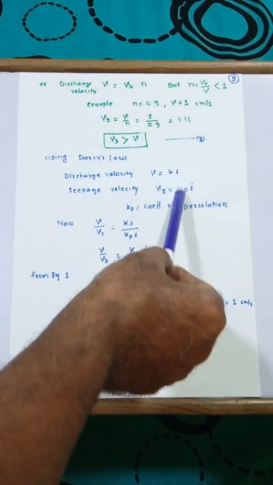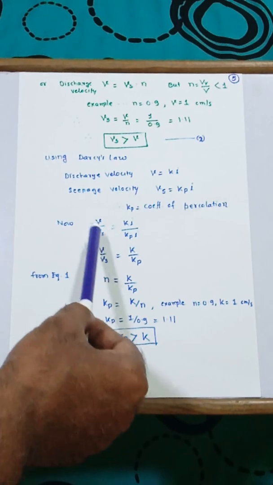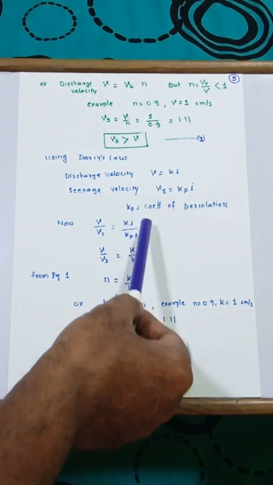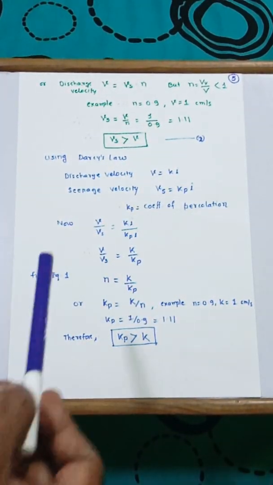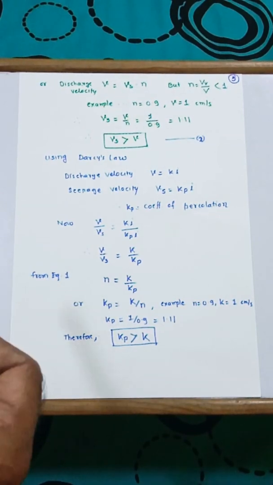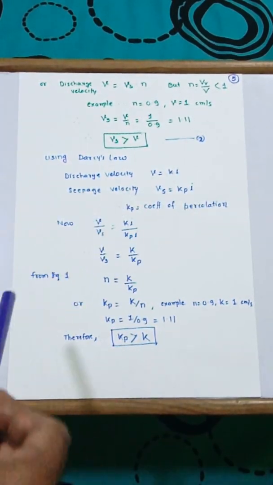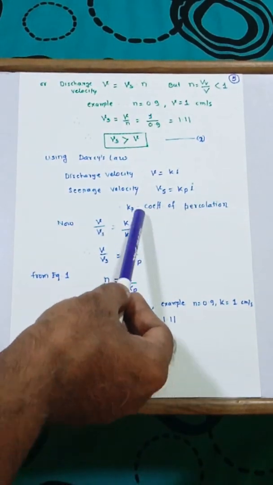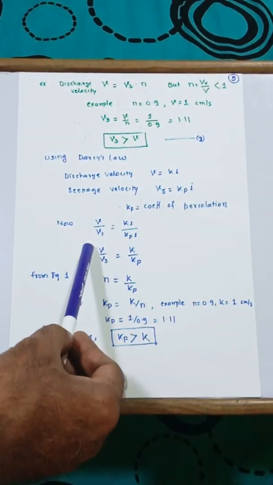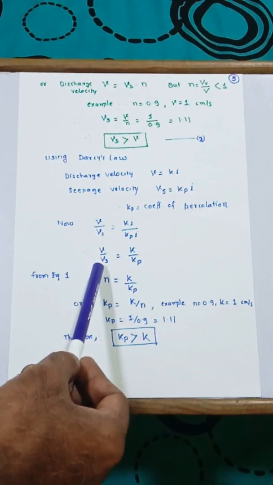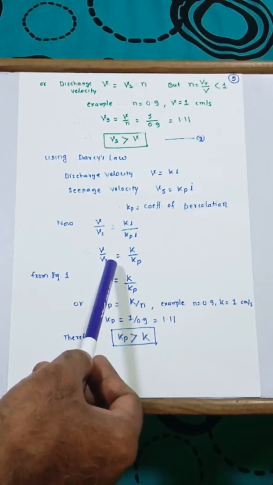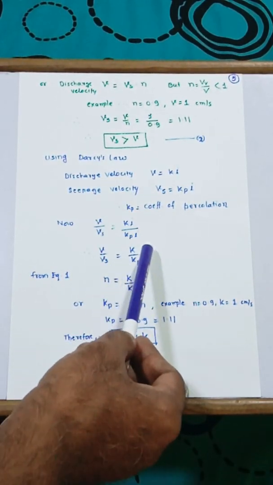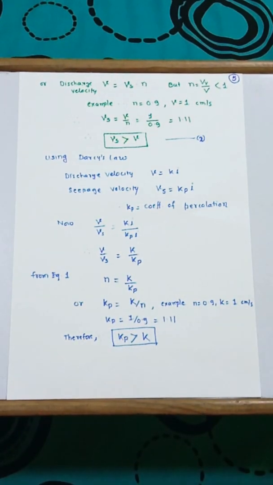If I take the ratio this way, i remains the same because the head loss takes place either in actual or theoretical is the same, and the length is fixed, so it gets cancelled. Therefore V upon Vs is equal to K upon Kp.